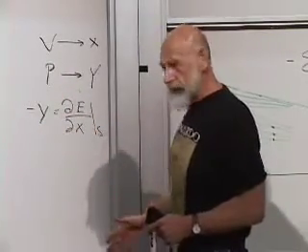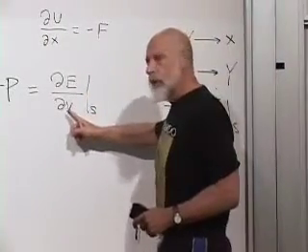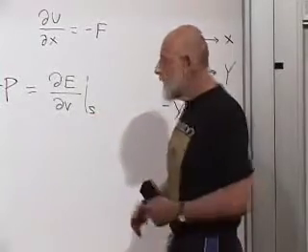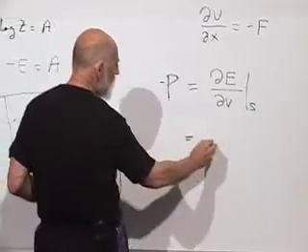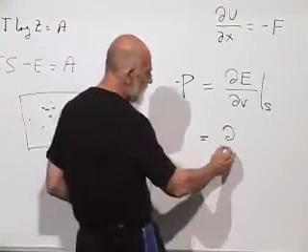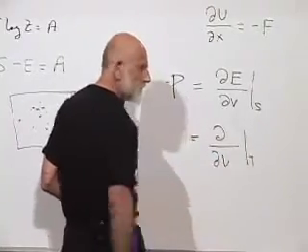And the simple formula involves not the rate of change of energy with respect to volume at fixed entropy, but something else. This is also equal to the rate of change of something else with respect to volume at fixed temperature.